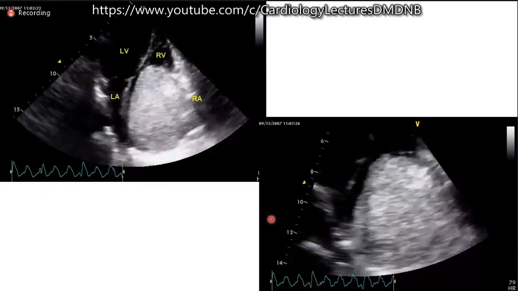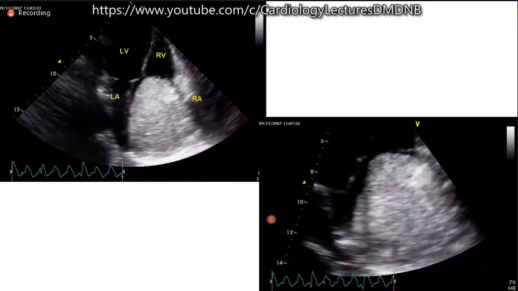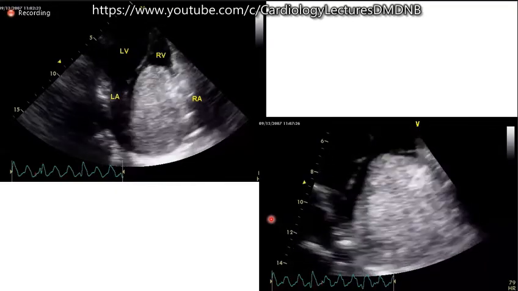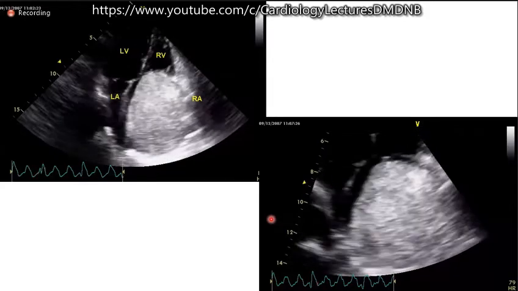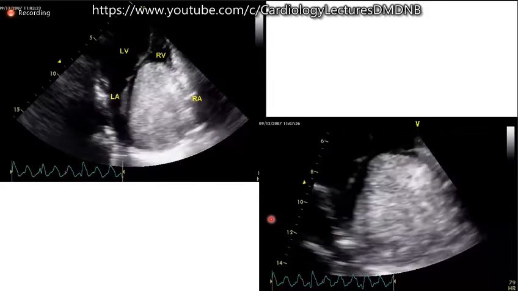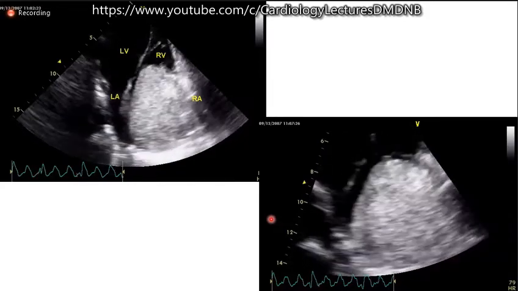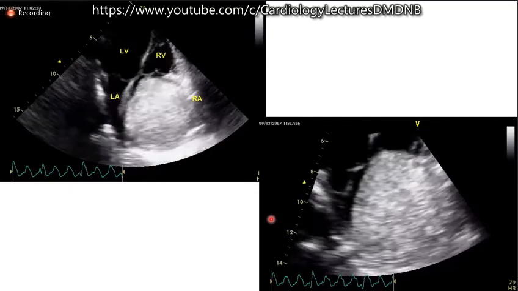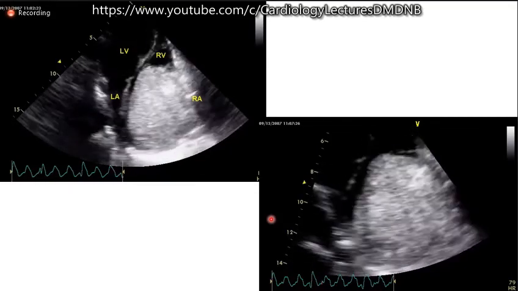What will be the clinical manifestation of a mass of this magnitude in the right atrium? Any one of you? It will present like an RV inflow obstruction.